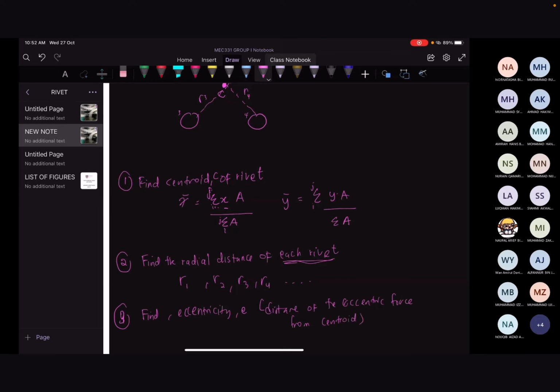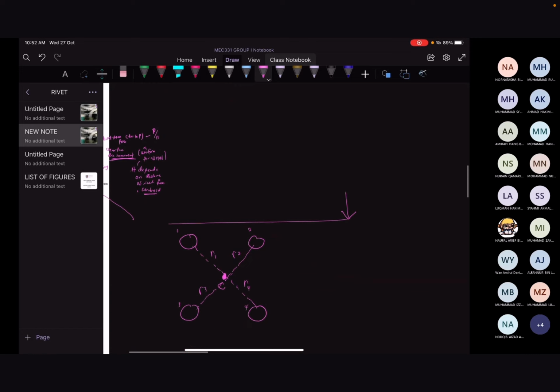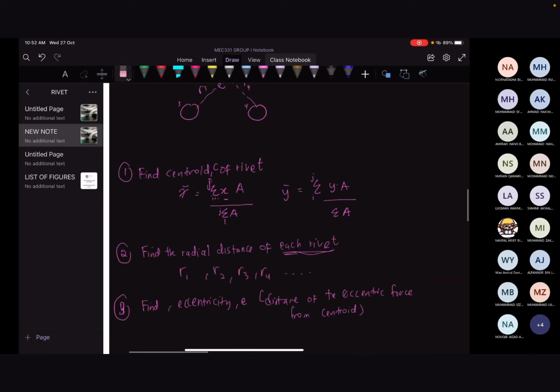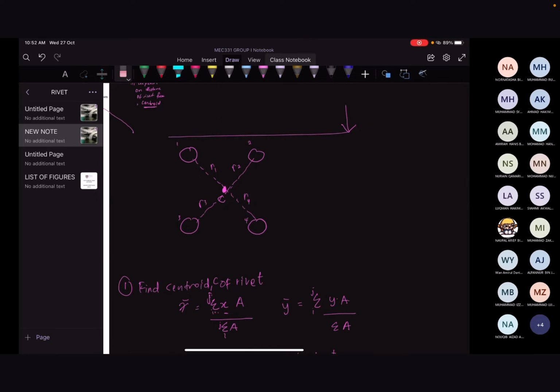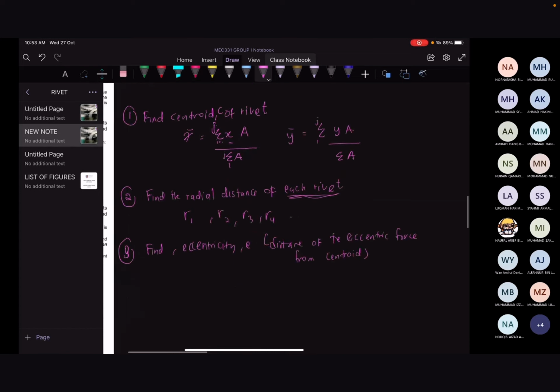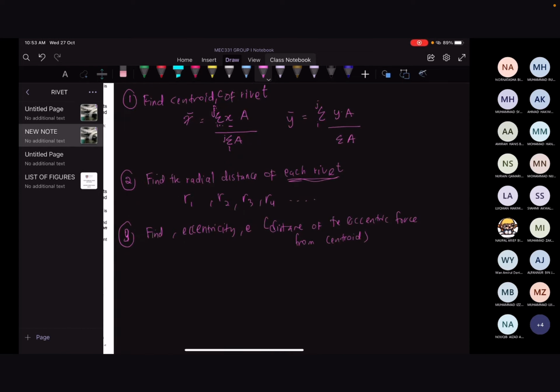Eccentricity ni adalah distance. Tengok, apa-apa pun semua kena refer pada centroid. So it is important for you to have the correct centroid. Okay. So this will be your eccentricity, P. Okay, so far clear kan? Ni senang je lagi.